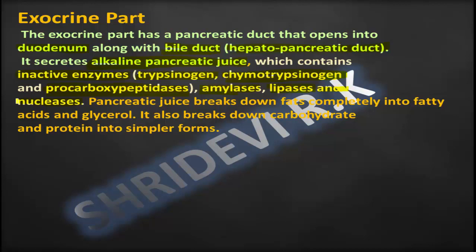Both of them combine with the fat molecule, and the process is emulsification. Finally, the emulsified fat molecules are completely broken down into fatty acid and glycerol by the action of the enzyme called lipase.